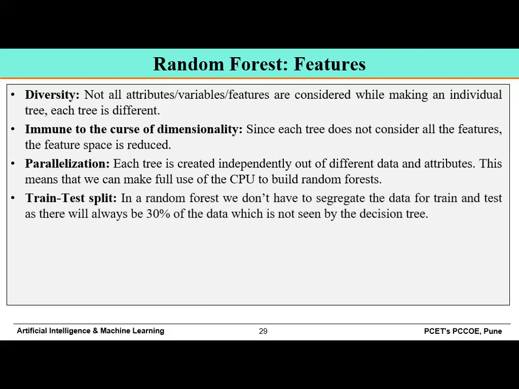Next. In a random forest, we don't have to segregate the data into train and test, as there will always be about a third of the data which is not seen by the decision tree. Here is a very interesting thing. Suppose 100 students are in your class. I will randomly pick 70 students and take feedback on how I am teaching your class.